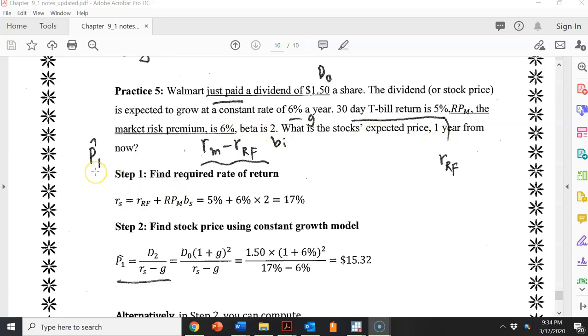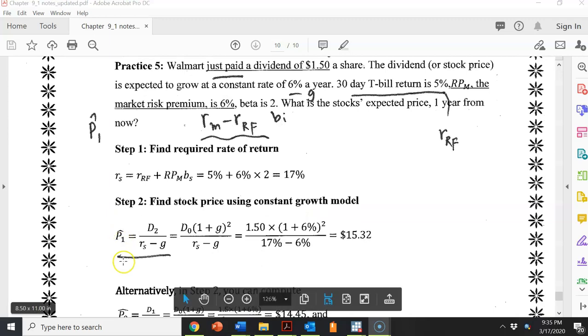So we want P1. Step 1, we still solve for R using CAPM, which is the risk-free rate plus market risk premium multiplied by beta. So we can just use 5% plus 6% multiplied by 2. We have 17% as RS.